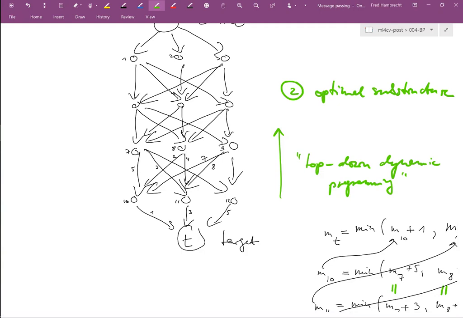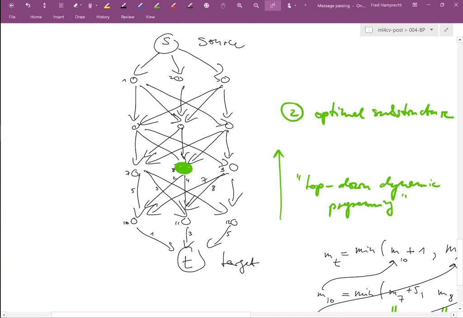What this means is that let's assume that the cheapest path to T goes through, let's say it goes through this node here. So the cheapest path to T, I'm claiming, goes through the fat green node, which is node number 8.